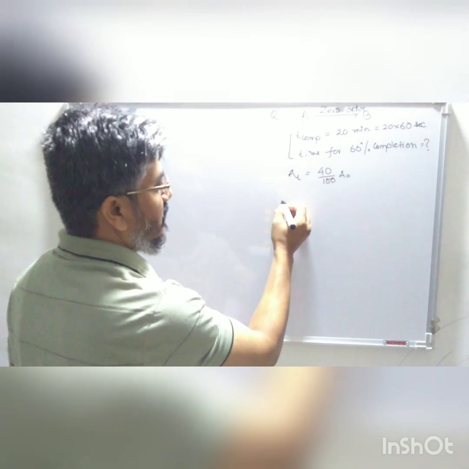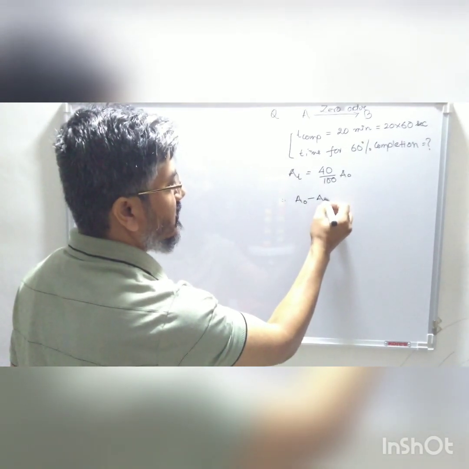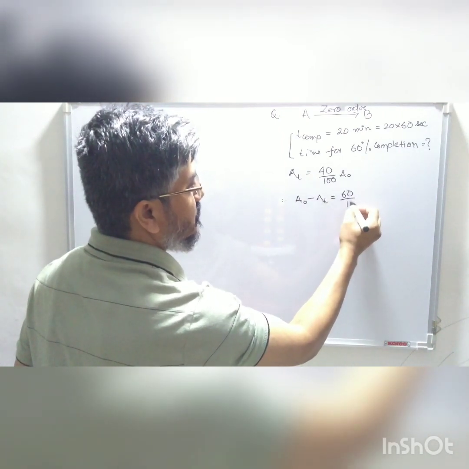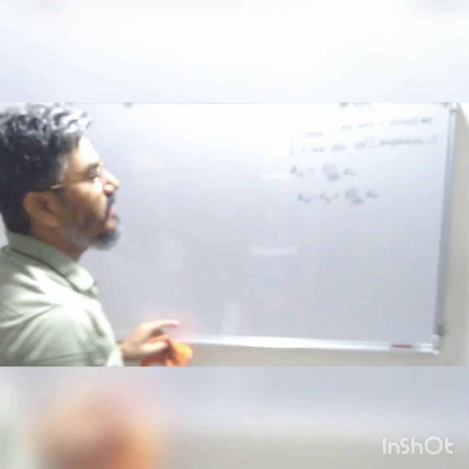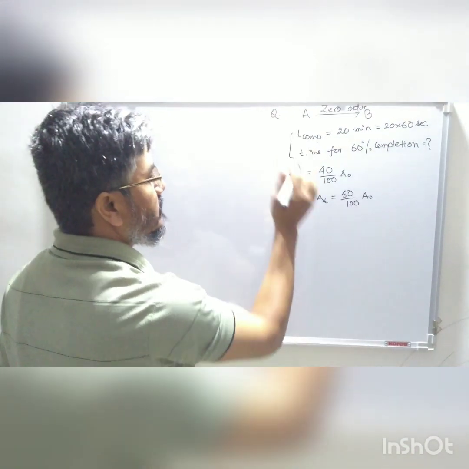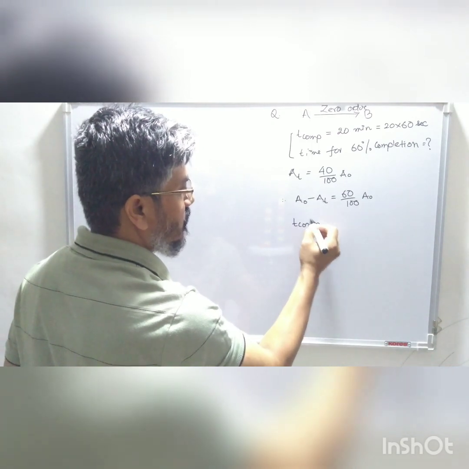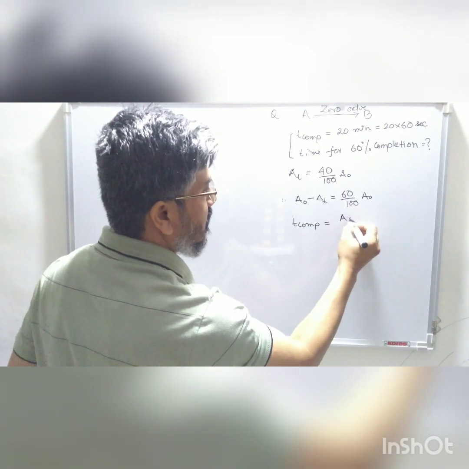And therefore, the amount reacted, that is A naught minus At, is equal to 60% of the value. And we also have that t completion for a zero order reaction is equal to A naught by K.